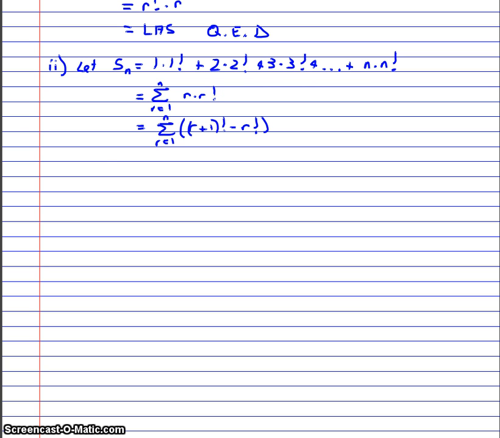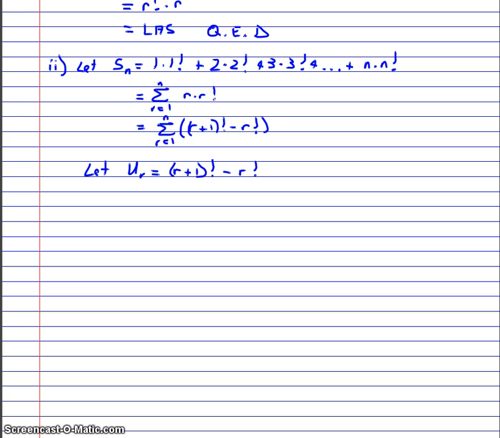Straight away we're going to let Ur equal (r plus 1) factorial minus r factorial.